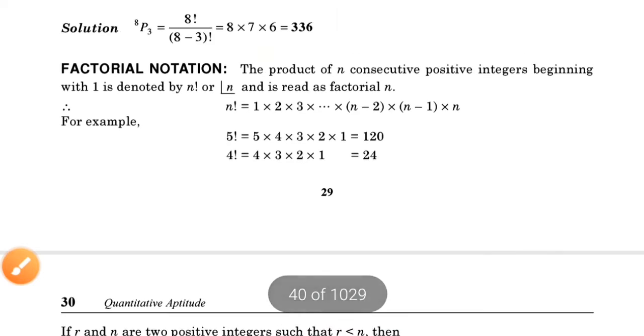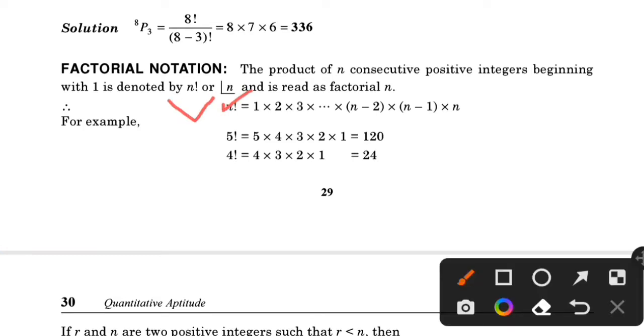What is factorial? Factorial is the product of n consecutive positive integers beginning with 1, and it is denoted by this symbol, n factorial, and is read as factorial of n or n factorial. So n factorial equals the product of n and all positive integers less than n up to 1.